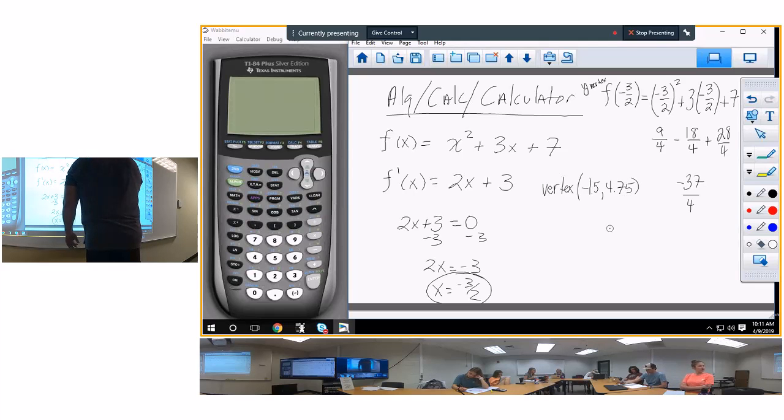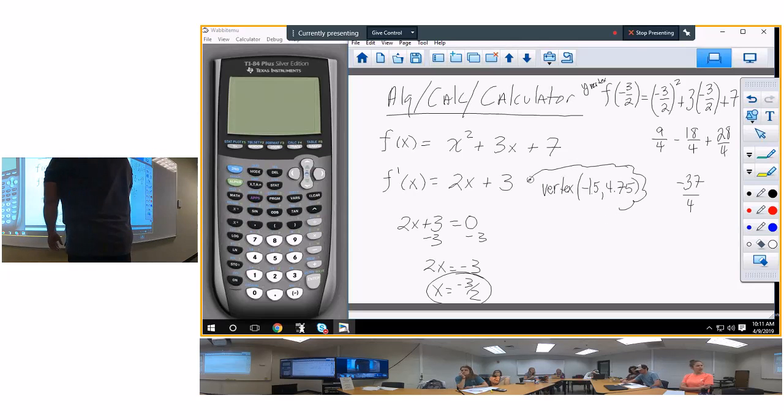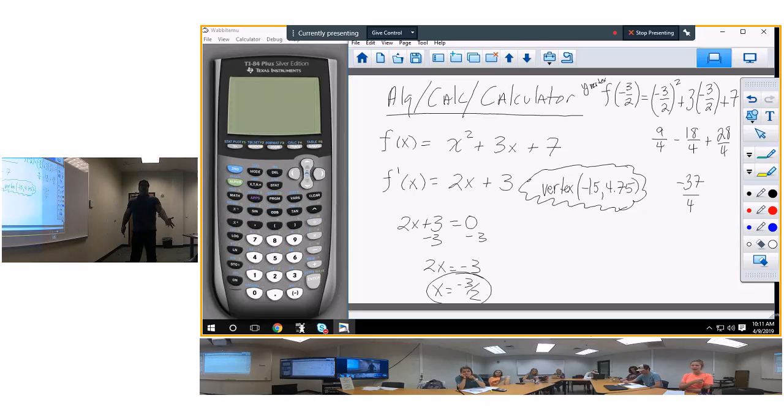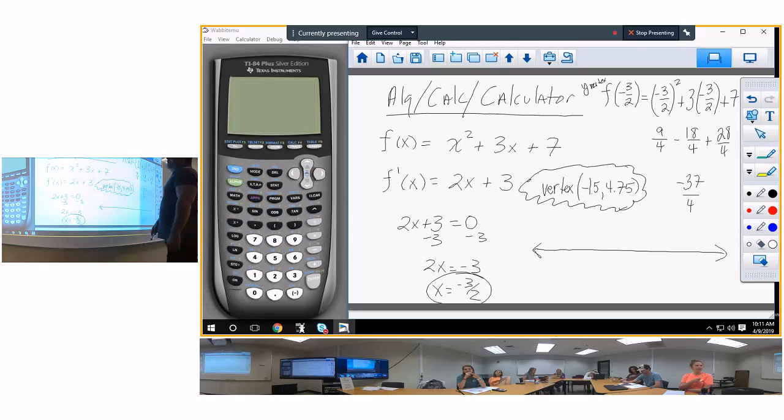All right. So here's our vertex. Now again, we don't know anything because we don't know what it looks like. Of course, some of y'all might know what it looks like, and that's good. But let's say we don't. So let's draw our number line. What's the x on our number line? Negative 1.5, or negative 3 halves, whichever one you want to call it.